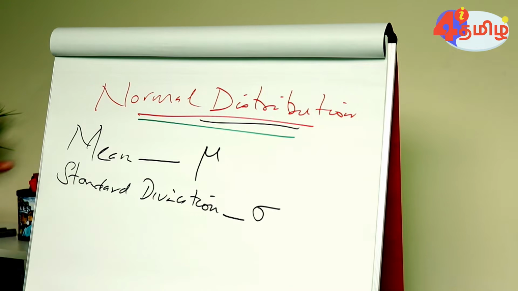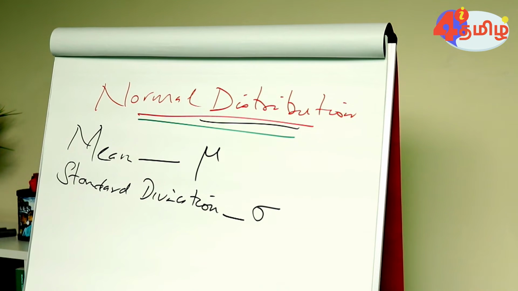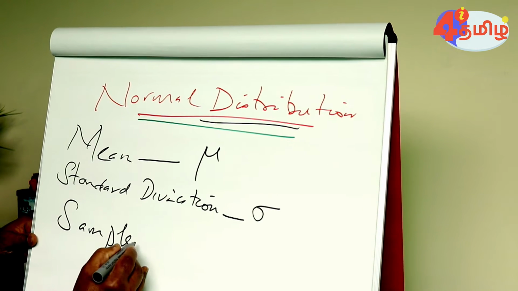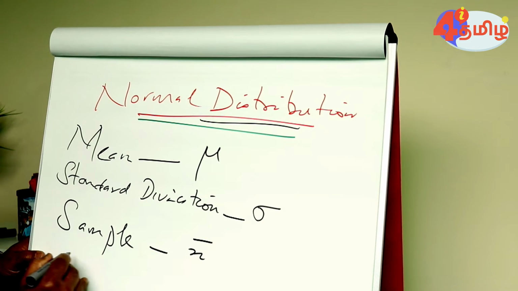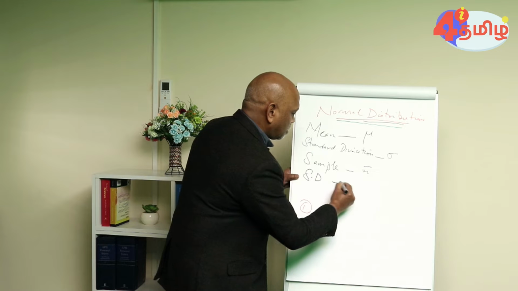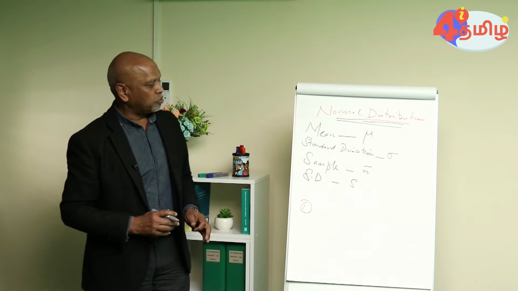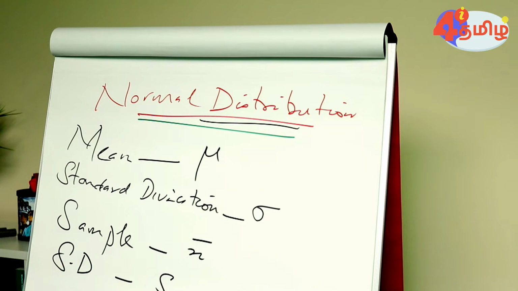So you probably come across that mu is the population mean, and the next one, sigma, is the standard deviation for the population. And the mean for a sample is X bar, and the standard deviation is S. We don't need to look into that. All we need to concentrate on are those 3, mu, sigma, X bar. X bar, we don't need it now, but we will come to know that later on.